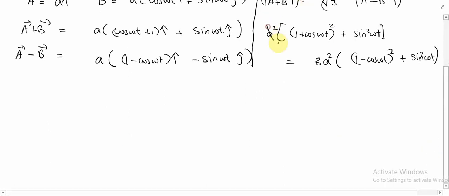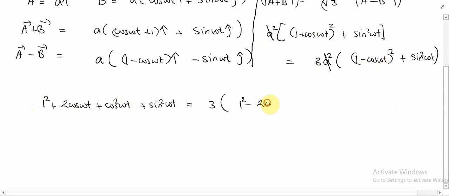So a square and a square will get cancelled. Now we have to simplify this thing. This is in the form of (a plus b) whole square, so a square plus 2ab plus b square, plus sin square omega t is equal to 3 into, this is in the form of (a minus b) whole square, so this will be 1 square minus 2 cos omega t plus cos square omega t plus sin square omega t.